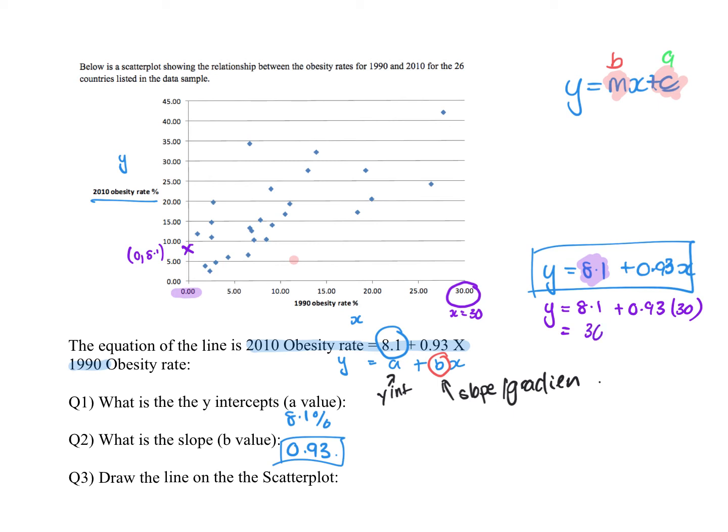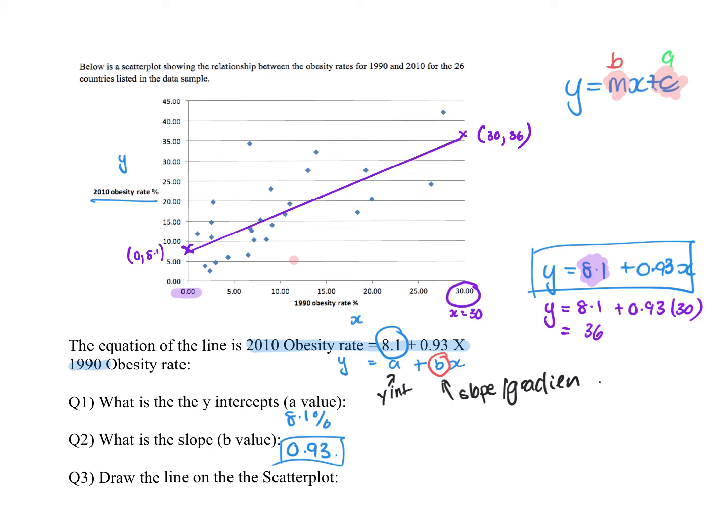So you go up here, I'm going to say roughly 36. As long as you're in the rough estimate, and just to be clear, we'll write a point down. We said when x is 30, y is 36. Then you grab your ruler and you join those two crosses together. And there you go, you've drawn that equation on that line.